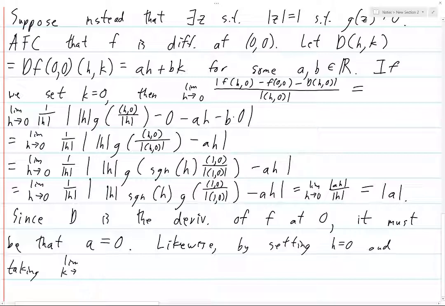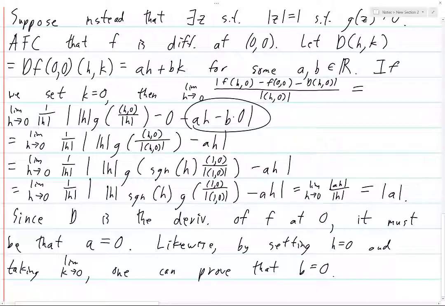that b equals 0. Because what's going to happen here is you're going to have the same calculation as before, but instead of (h, 0), you're going to have (0, k). And instead of ah minus b0, you're going to have a0 minus bk. So the bk will be there. In that first term, you'll pull out the sign of k, and then you'll have g of (0, 1) over the norm of (0, 1), which just ends up being g of (0, 1), which we know from the problem statement is 0.